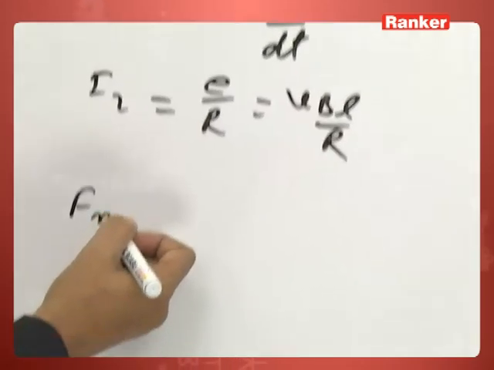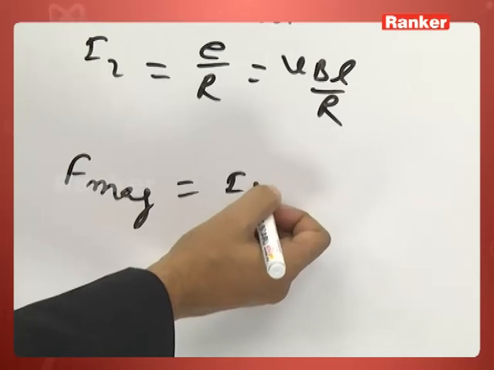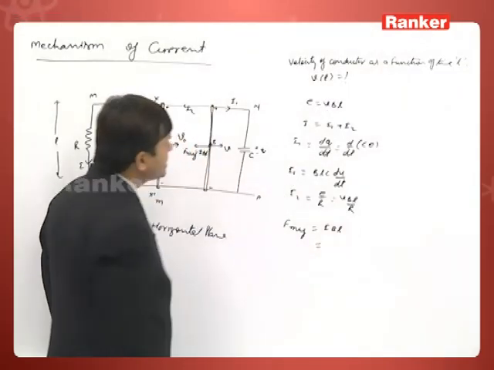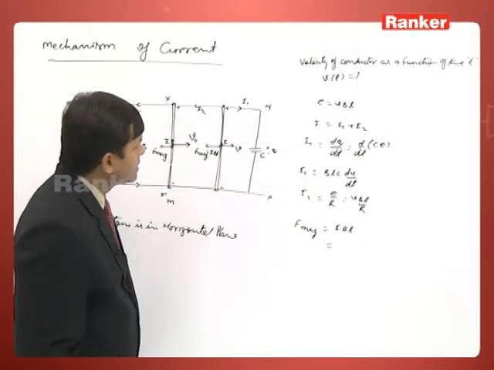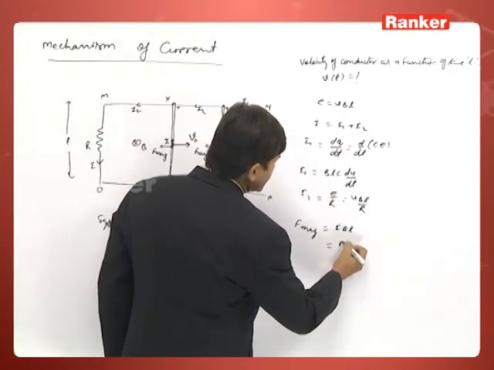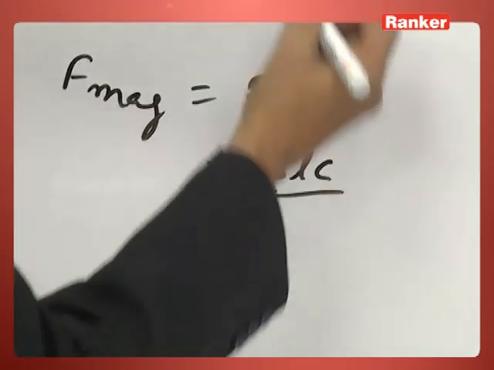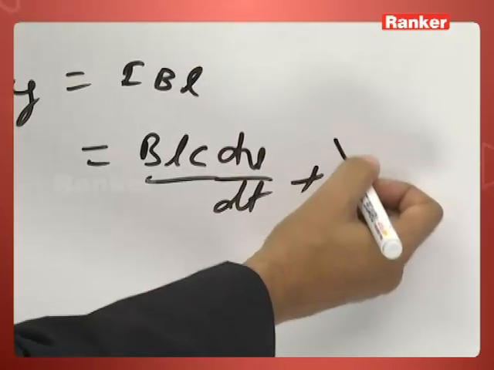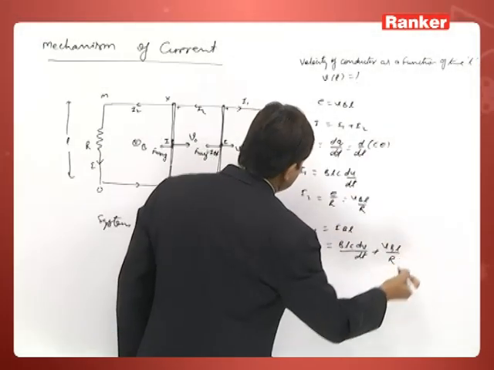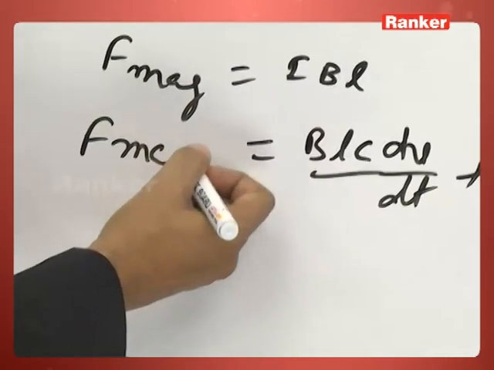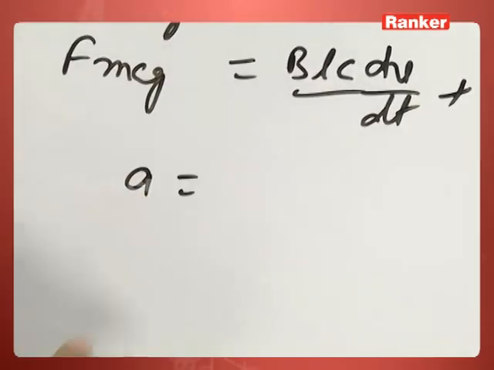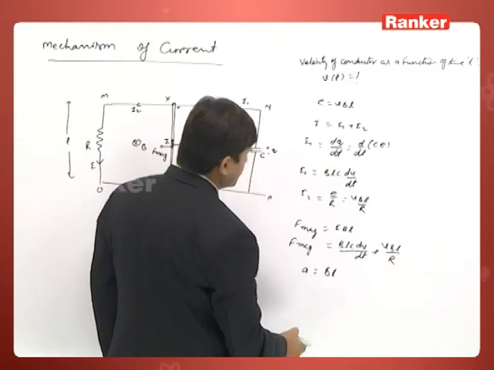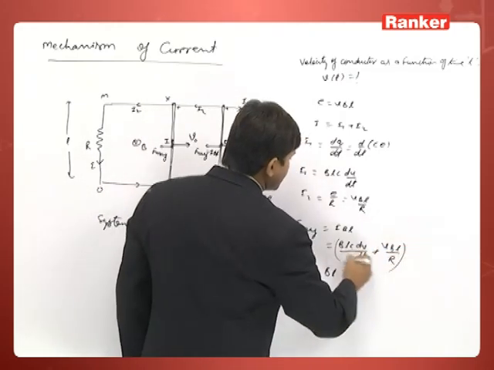Now the magnetic force will be I B L, and I is I1 plus I2. So I1 plus I2 is written as BLC into dV by dt plus I2, VBL by R. This is F magnetic. So for acceleration, BL we can take common, and this is I into BL.